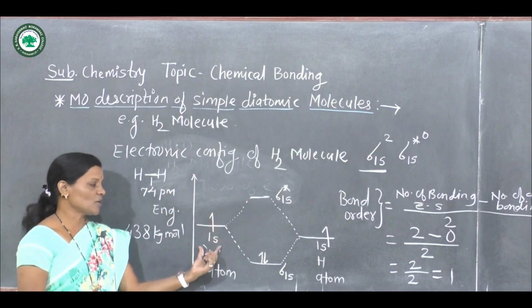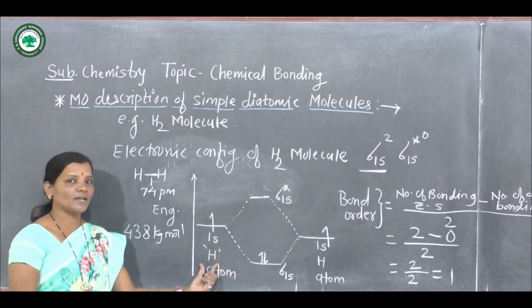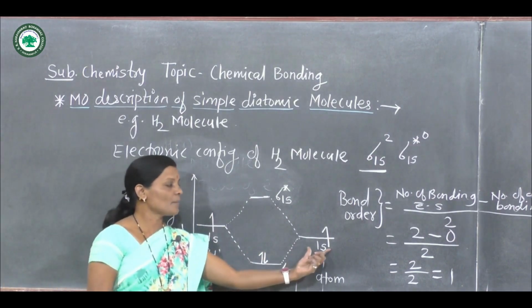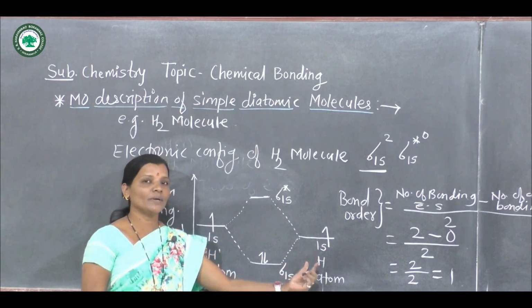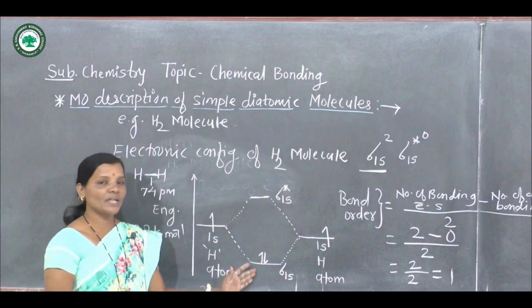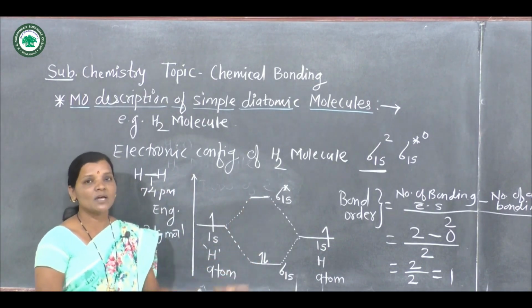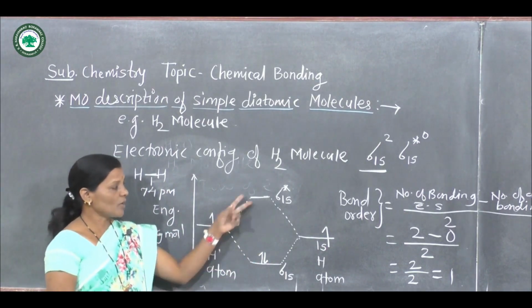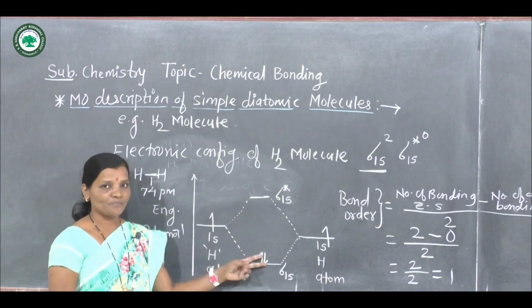Here the 1s atomic orbital of this hydrogen atom linearly combines with the 1s atomic orbital of the second hydrogen atom, and due to the linear combination of atomic orbitals, two molecular orbitals are formed.